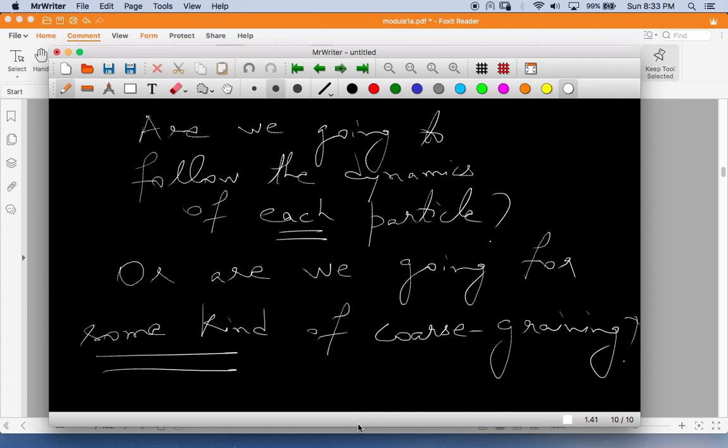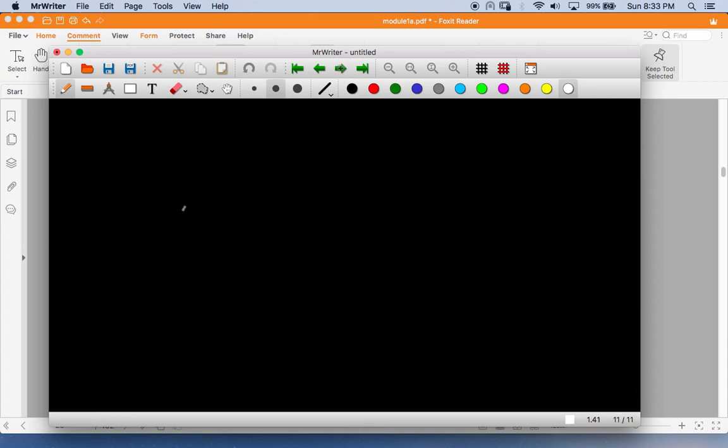Okay, so the coarse graining you can think of as, well, you've got a collection of particles like so, and how do you draw a lens? That's what I want to do. Okay, so this is a lens.